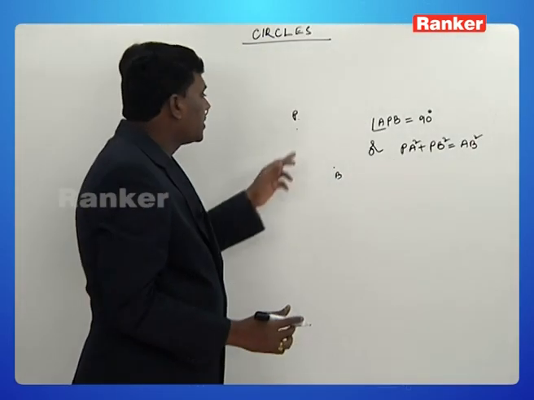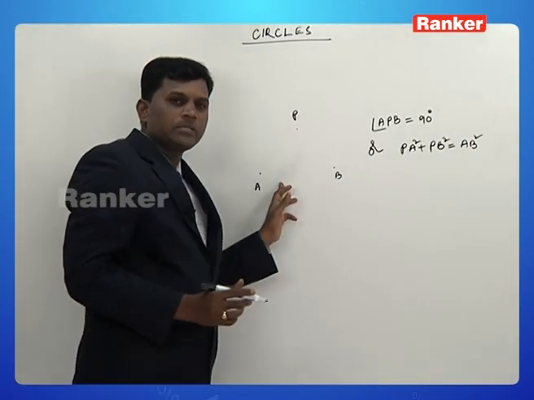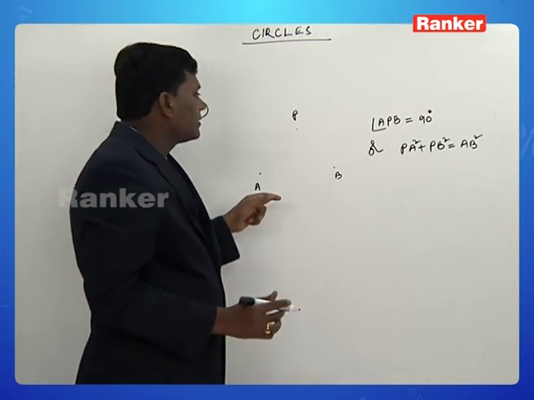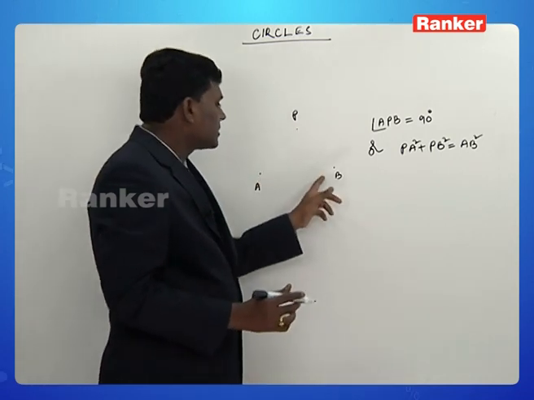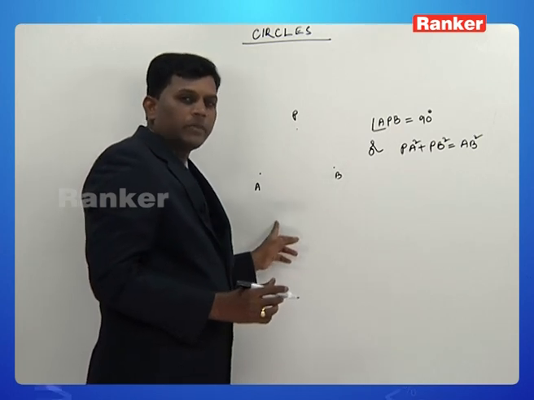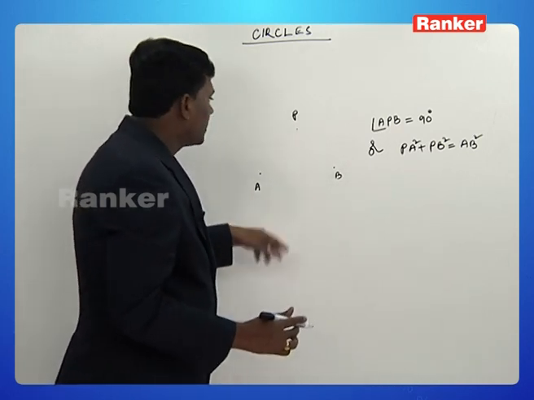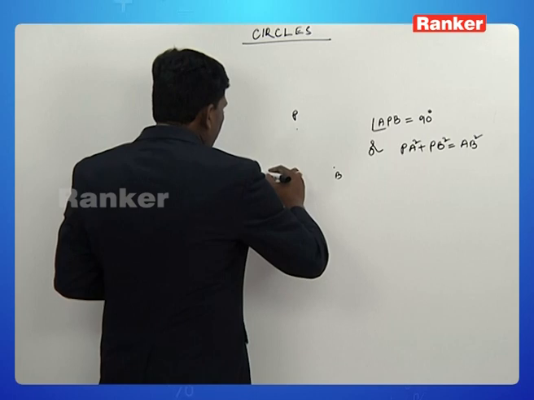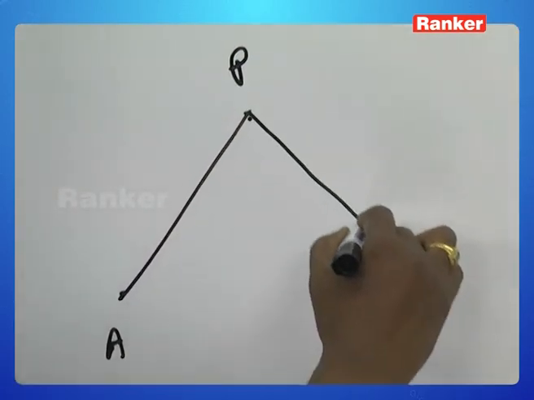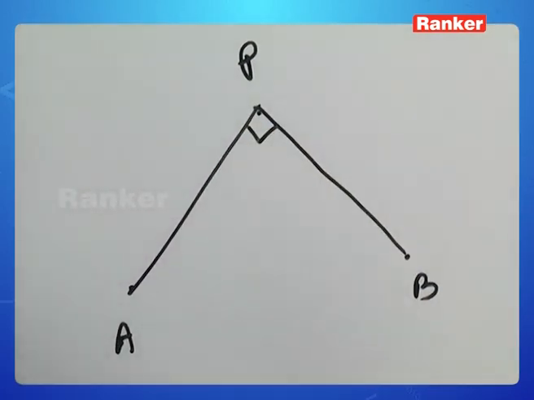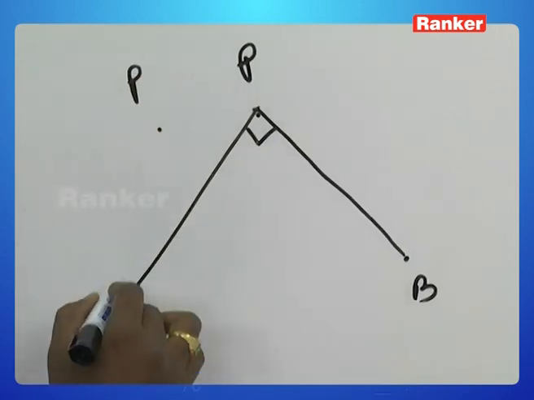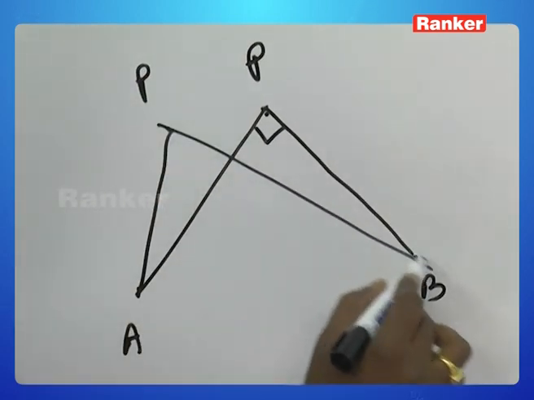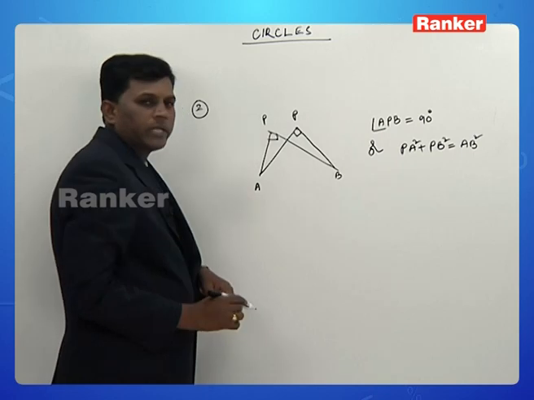If a variable point P is moving in such a way that it is forming a right angle by this fixed line segment AB, then as we know already, the angle in a semicircle is a right angle. Wherever this P moves, the condition given is angle APB is a right angle.